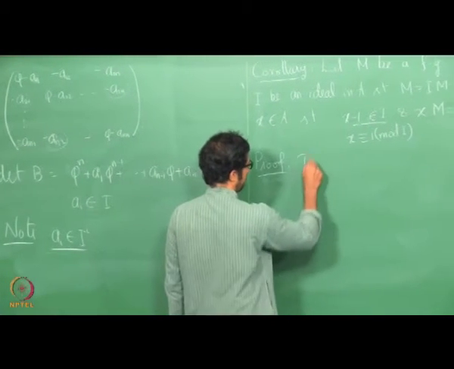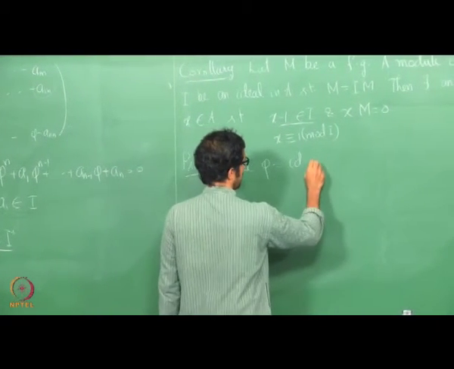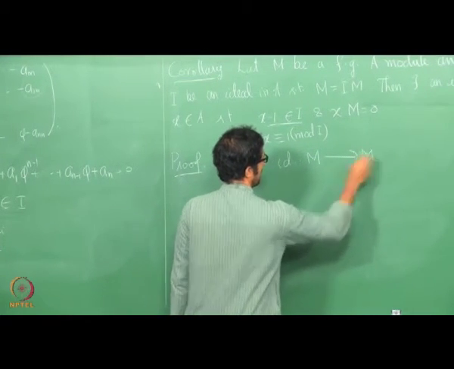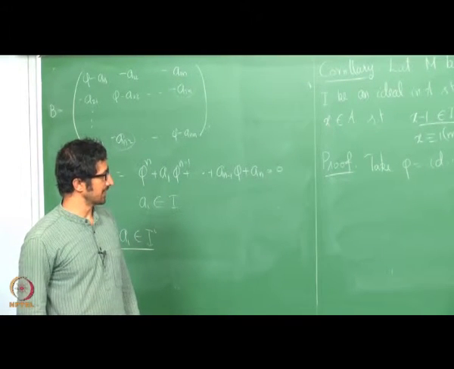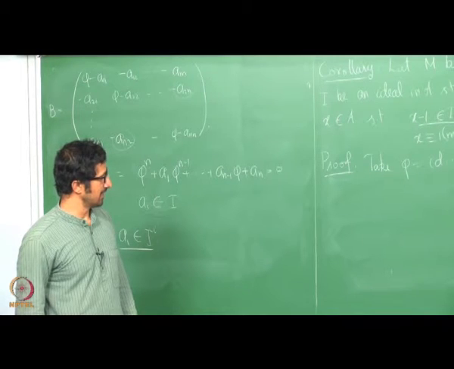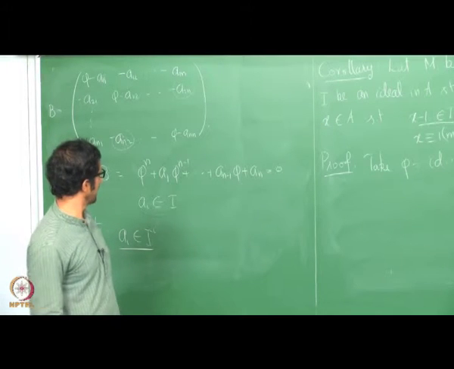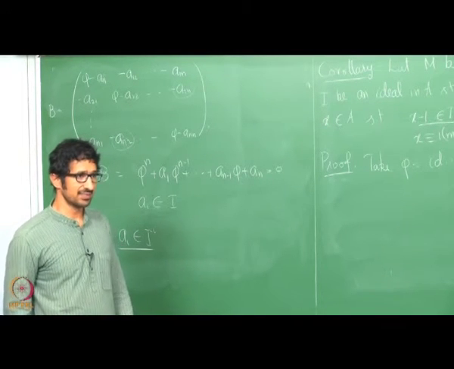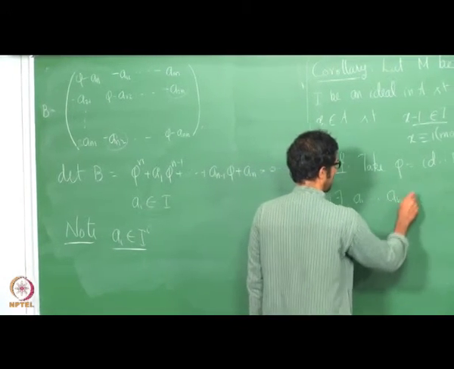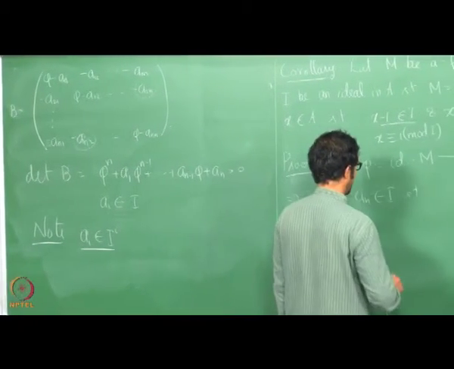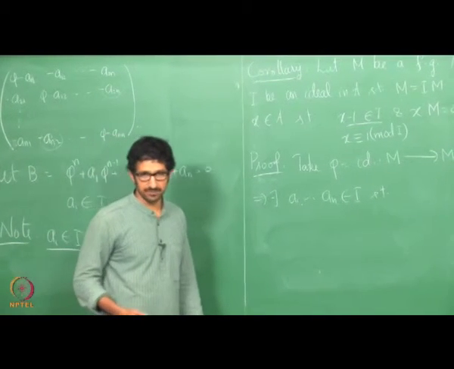If I take phi to be the identity map from M to M, then what do you get? There exist A1, A2 up to AN in I such that phi to the power n, if phi is identity, phi to the power n is identity.